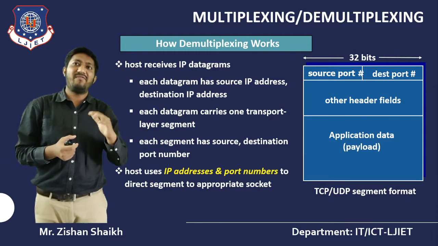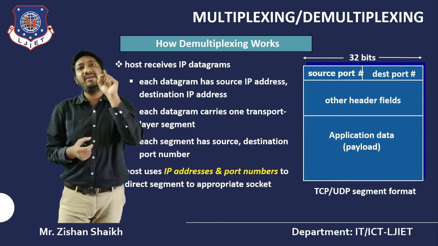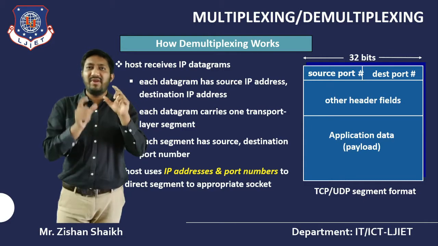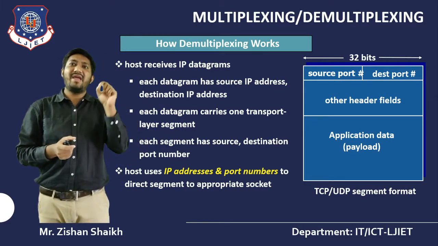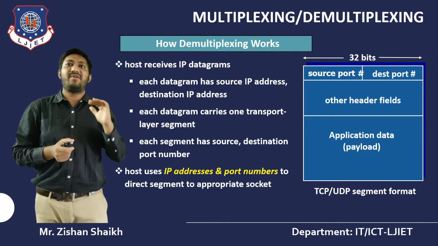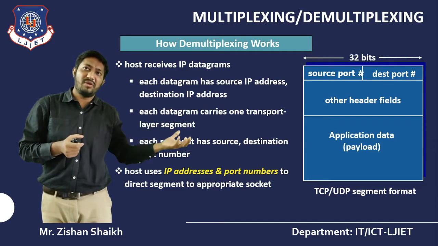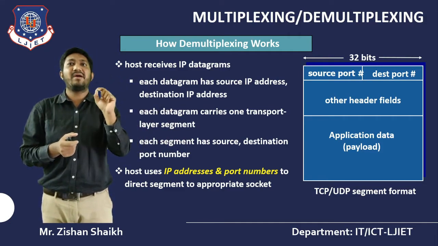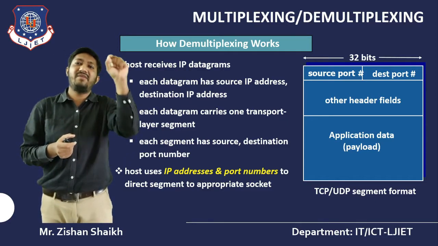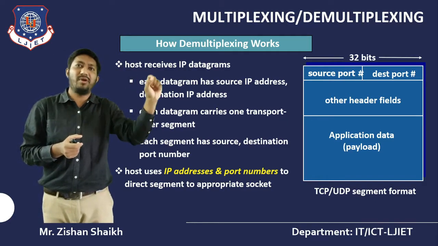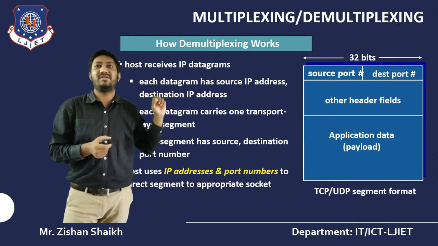But after reaching the IP address, we have to identify which port we are targeting. Suppose you are targeting application X. After reaching the destination, you have to say that I am coming from that machine, that is the IP address, but I want to communicate with this process only. That process is identified by our socket and port number. So this is all about the source port number and destination port number.